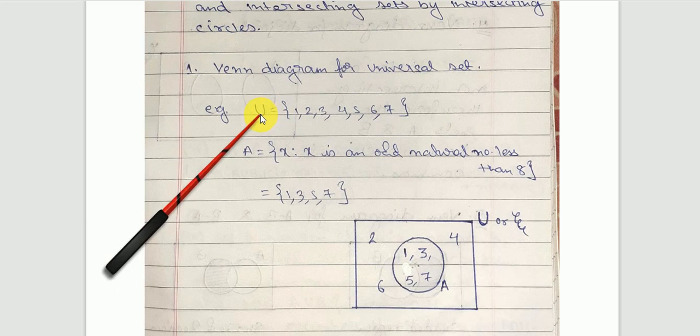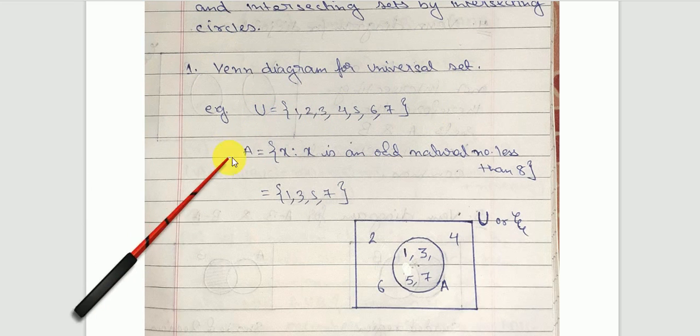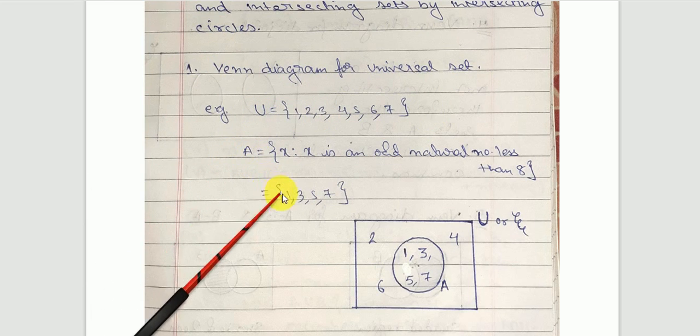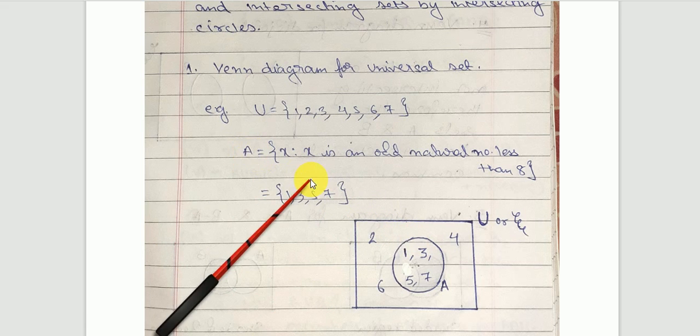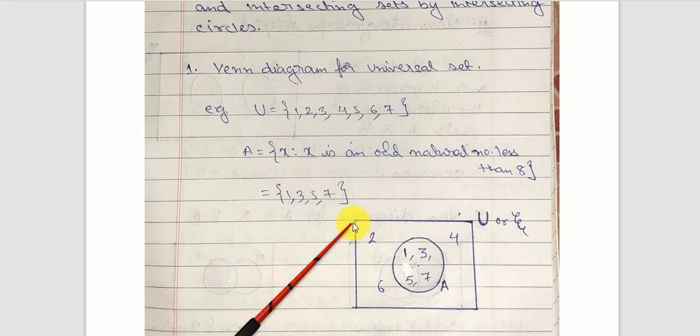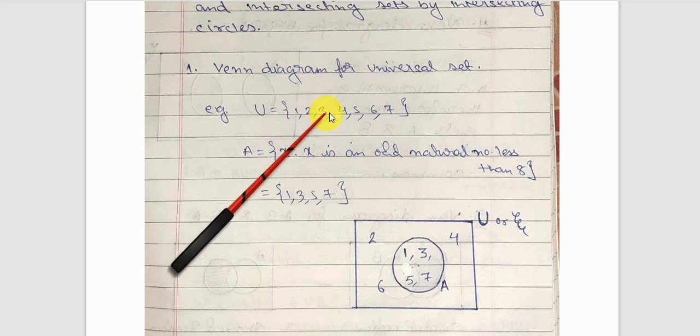Here I have taken a universal set and one set A. This set A will be represented by a circle, and inside the circle we'll write the elements of set A. This set A is contained in the universal set, which is represented by a rectangle, and we'll write the remaining elements of the universal set, which are not in A, outside the circle.